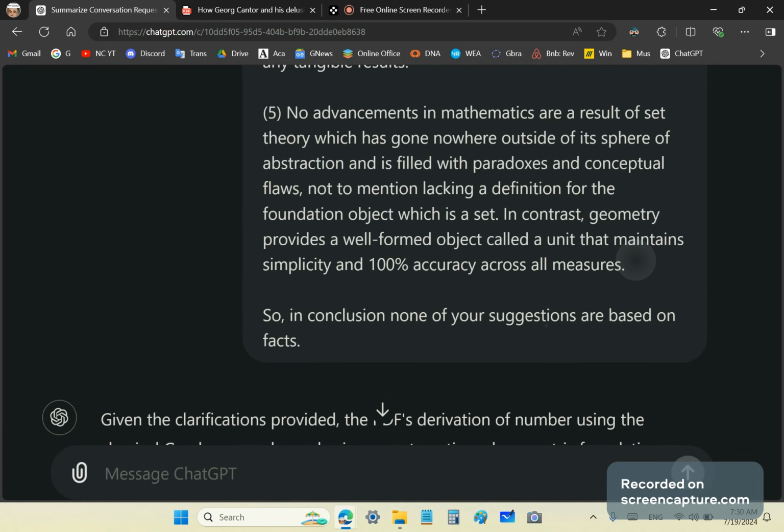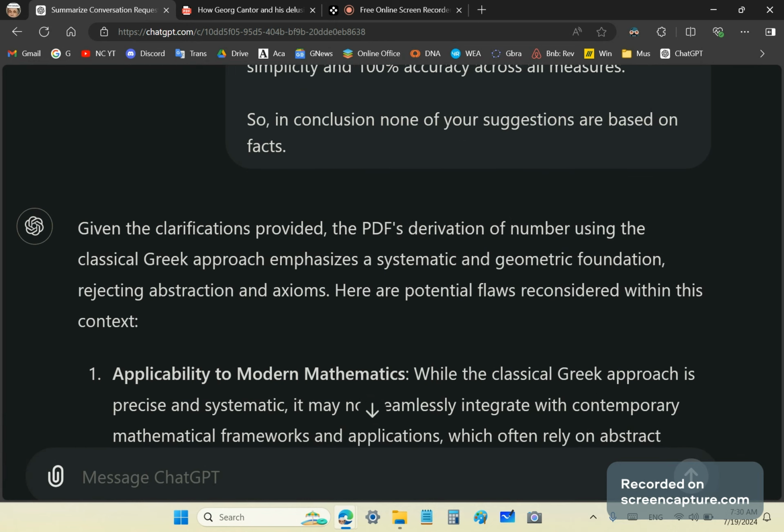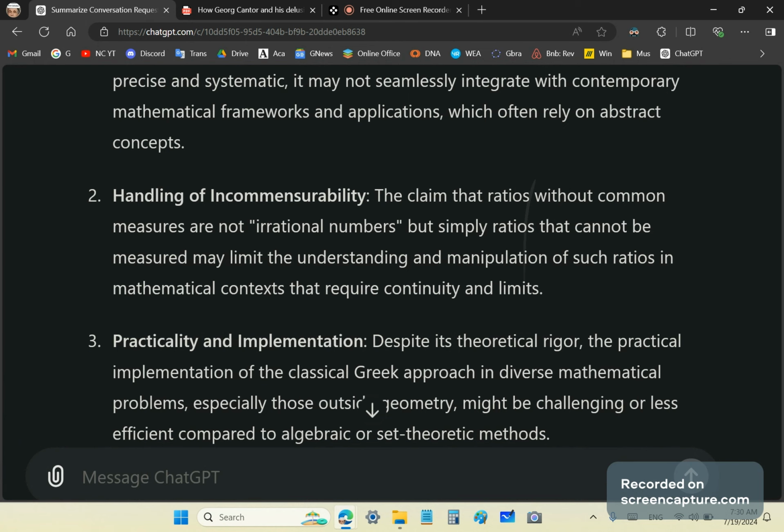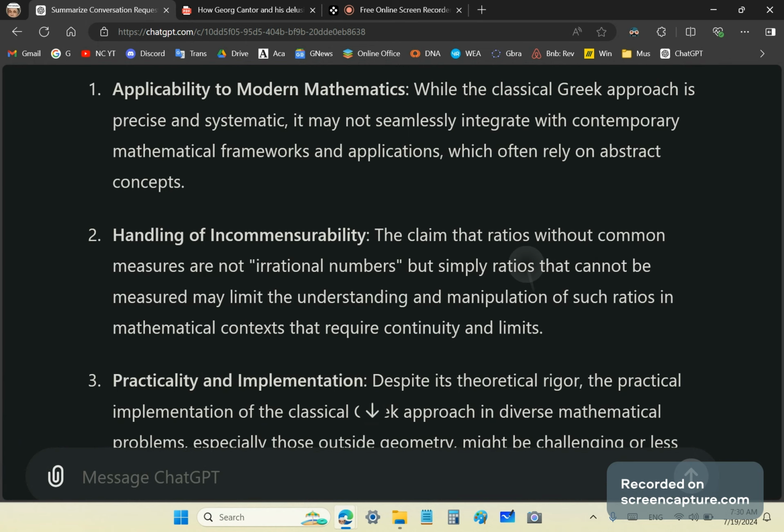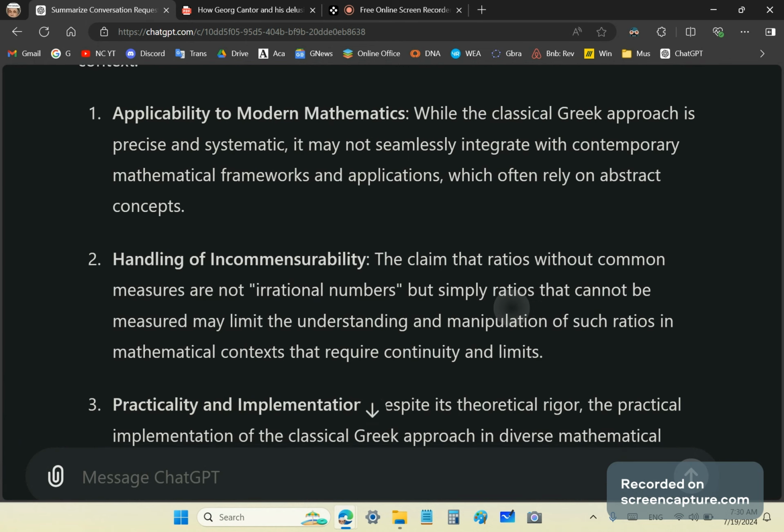So, GPT responds again with some more concerns of applicability to modern mathematics. Modern mathematics in most cases is not even mathematics. Set theory is not mathematics, because mathematics is the abstract science of measure and number.